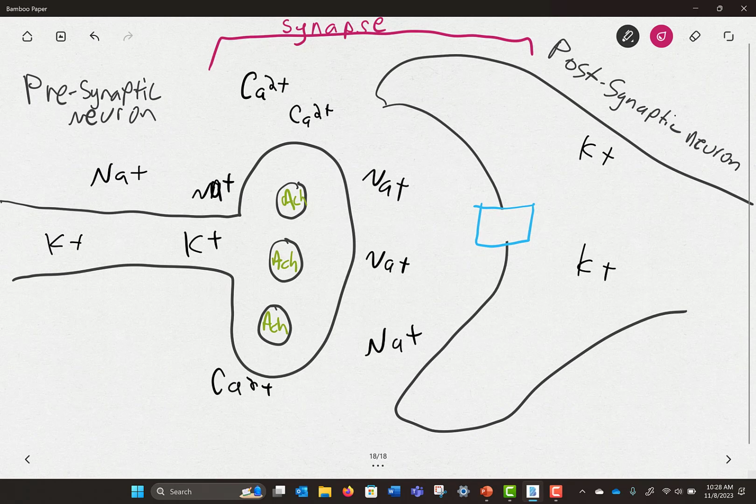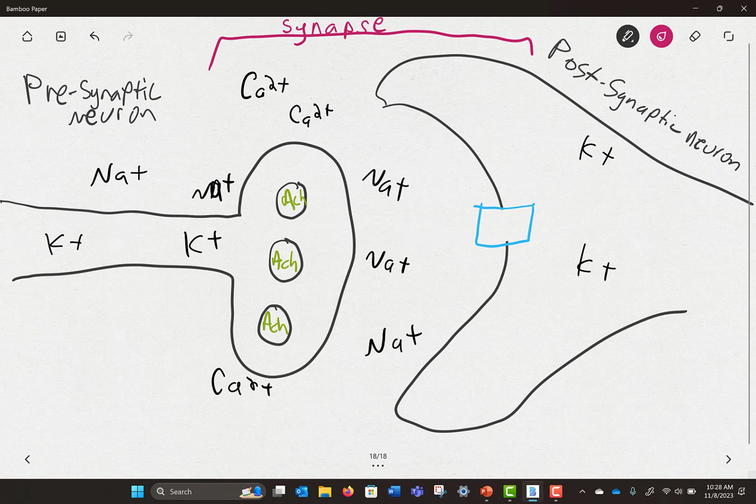Now, we also said that calcium is high outside the cells, low to non-existent inside the cells. And if calcium is inside the cell, it's stored inside the smooth endoplasmic reticulum because it likes to bind to things, we said, and we don't want it to do that.